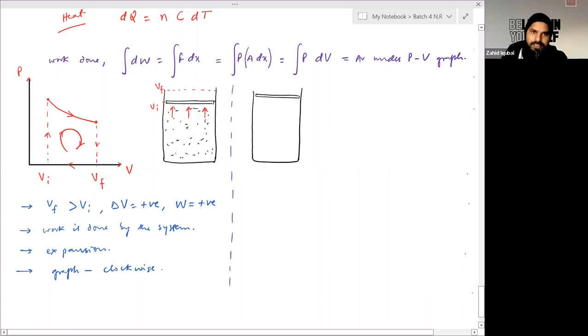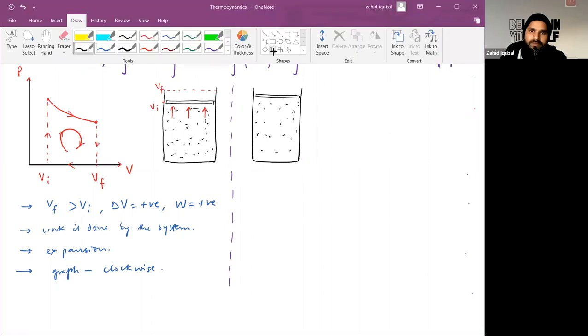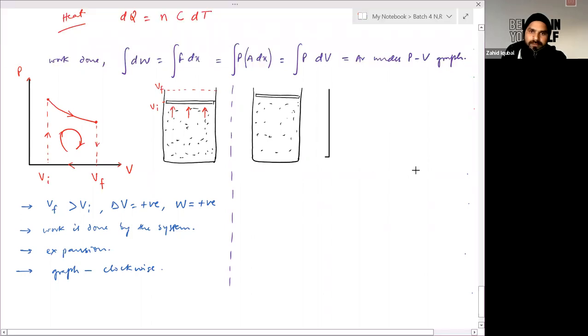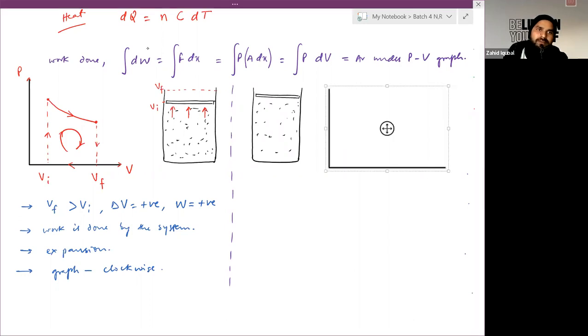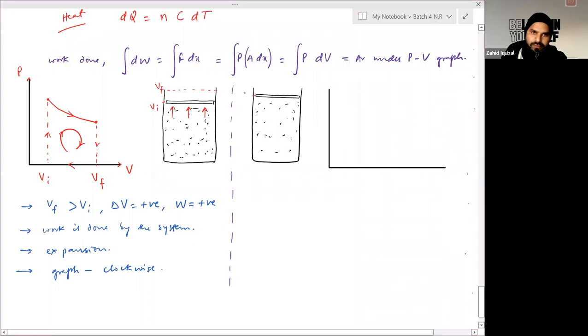Suppose gas is initially at this point. So the initial volume will be VI. On compressing it from outside, there will be a decrease in volume to this point. So let's say this is pressure and this is volume.